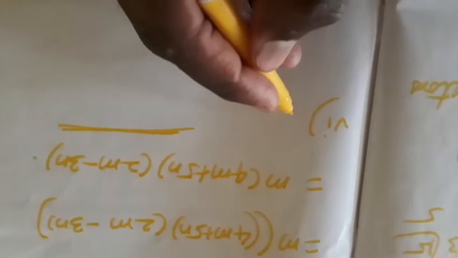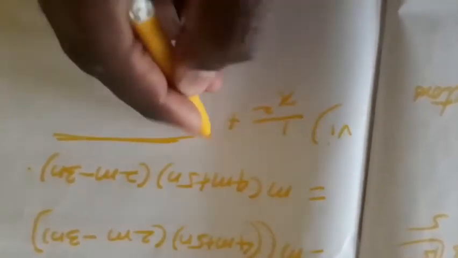Next, the sixth subdivision: 1 by x square plus 1 by y square plus 2 by xy is given.